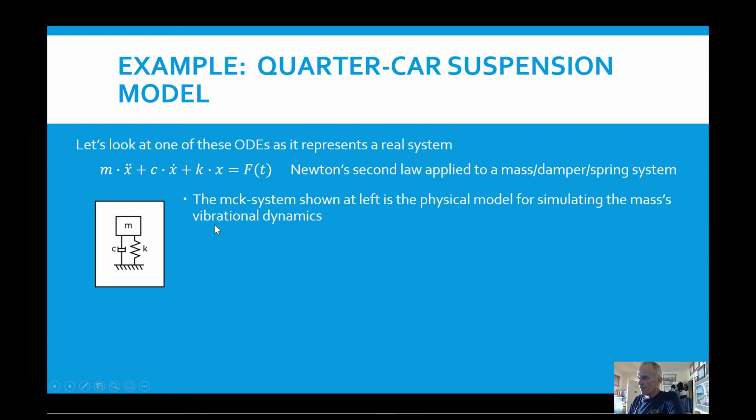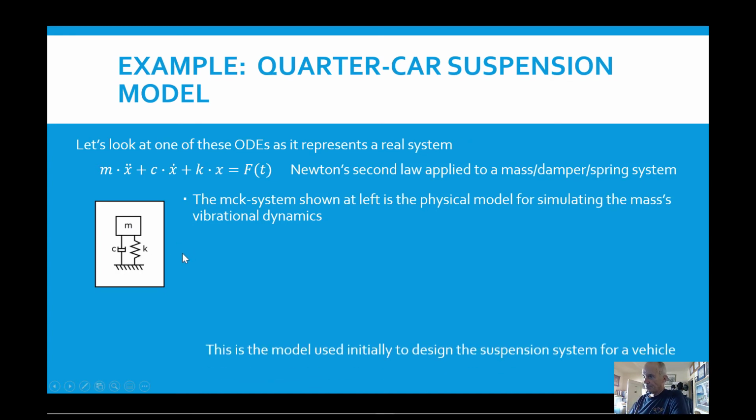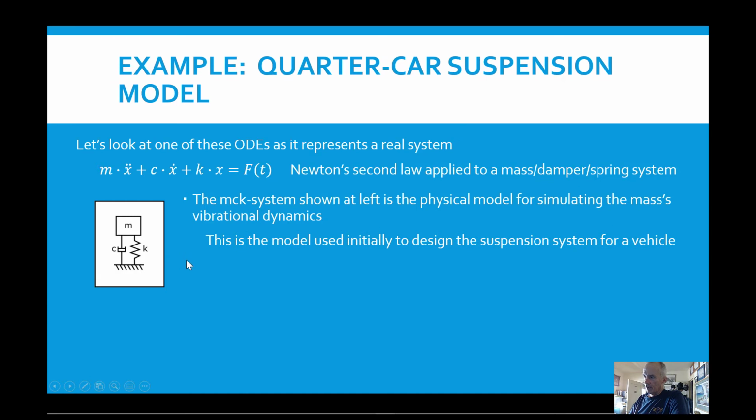So this system here actually will tell you how the mass would behave if it were mounted on the shock absorber and with this spring. Now, I've already said this, but this is the model that you initially used to design the suspension system for a car. The mass, M here, represents the mass of a quarter of the vehicle.